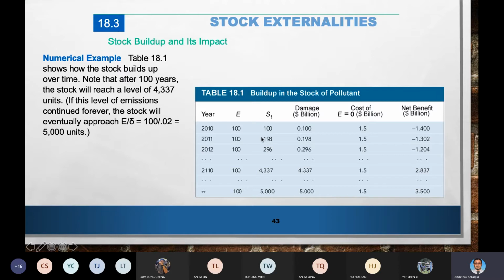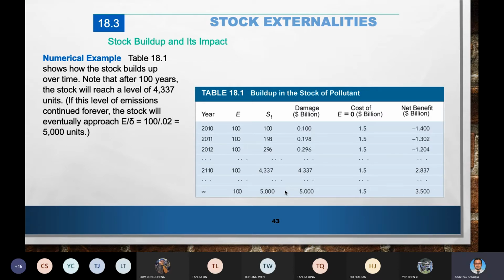So E is 100. We pollute 100 units per year, divided by 2%, which is 0.02, and that equals 5,000. So at infinity, the stock, or stock externality, will be 5,000.